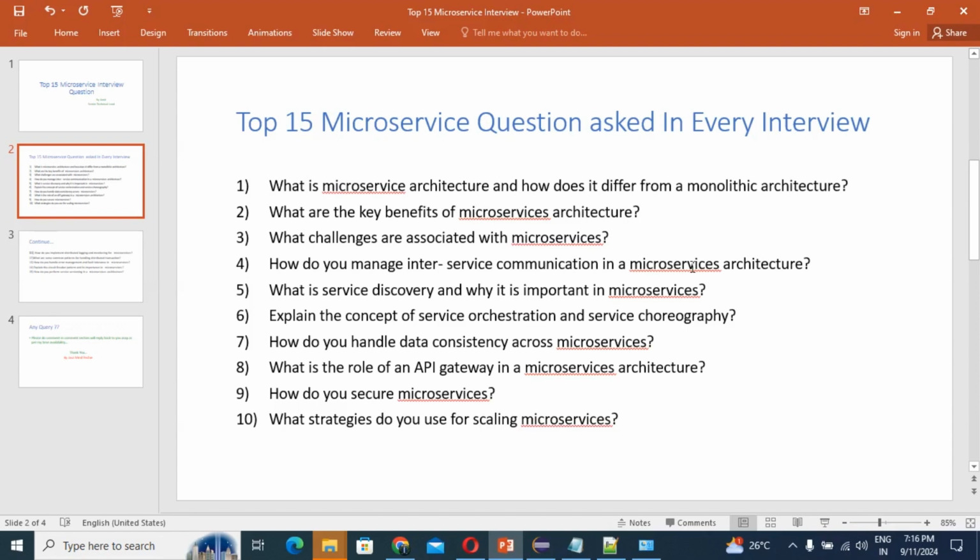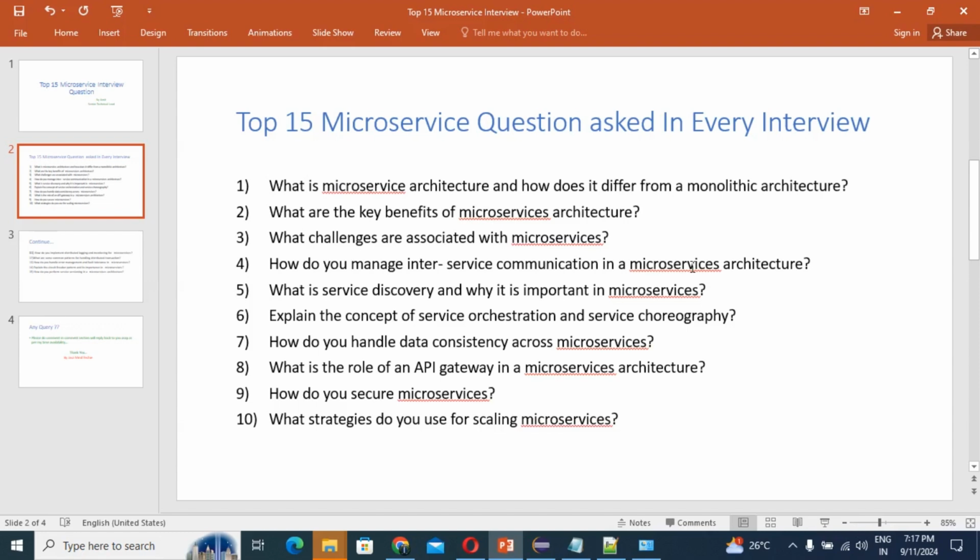You should also know what service choreography is. Service choreography, on the other hand, is a decentralized approach where each service is responsible for managing its interaction and coordinating with other services independently.